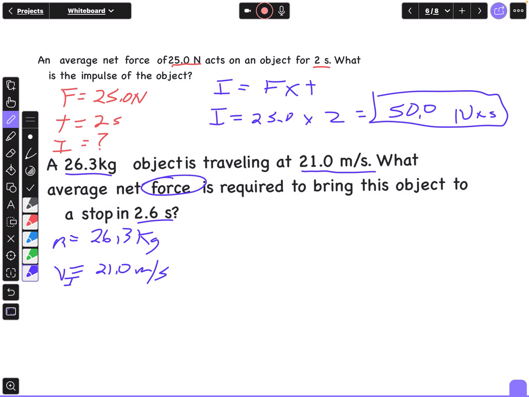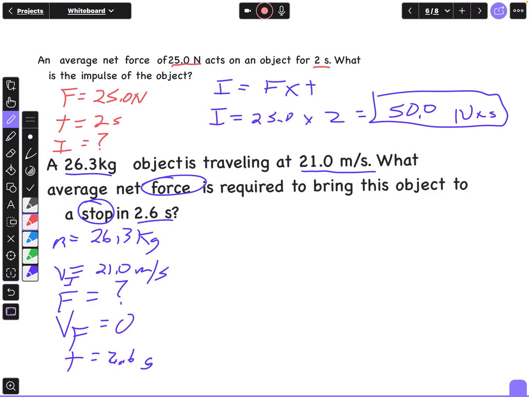What average net force is what I'm looking for, required to bring this object to a stop. If it tells me about a stop, my final velocity has got to be 0. Then my time is 2.6 seconds.